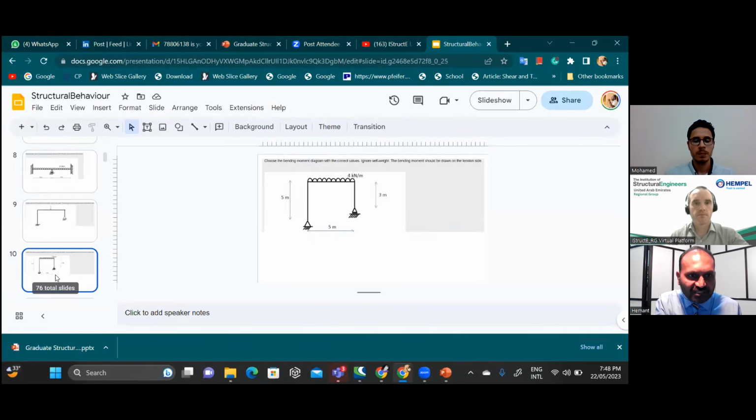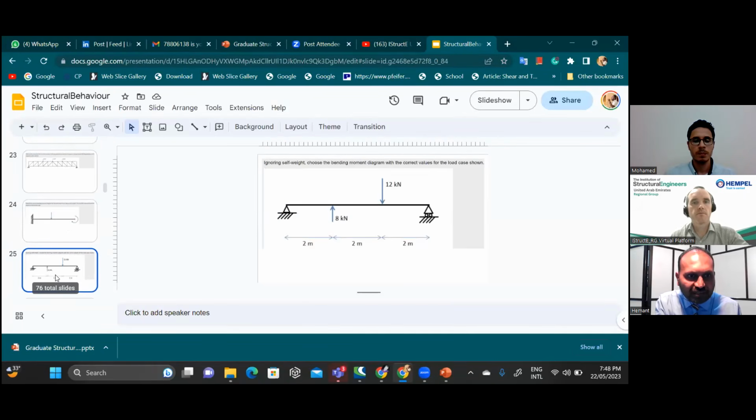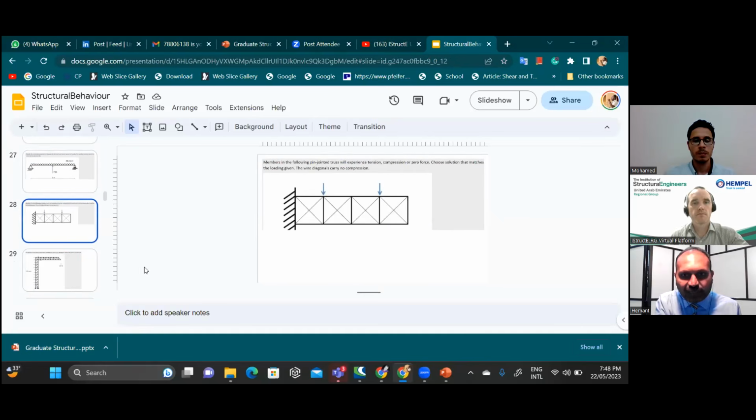One question we generally find about this: there will be structures with X bracing, and they clearly state these are compression members, meaning these members cannot take compression. So we know which members are under tension.